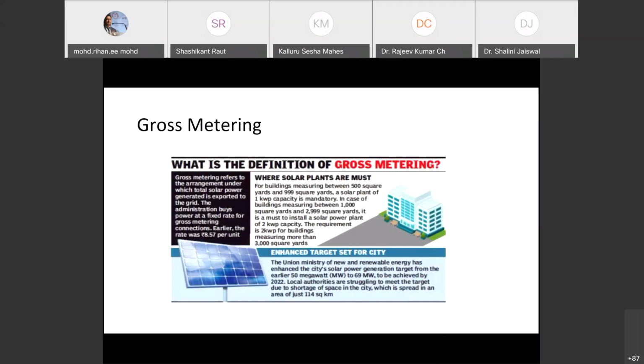So gross metering generally is not there, but there is a scheme, Kusum scheme, which I had discussed yesterday also, in which the farmers can install solar plants up to 2 megawatt on barren lands on their fields, and the electricity generated will be purchased by the power corporation. So in that we have this system, but otherwise for other consumers this is not applicable now.